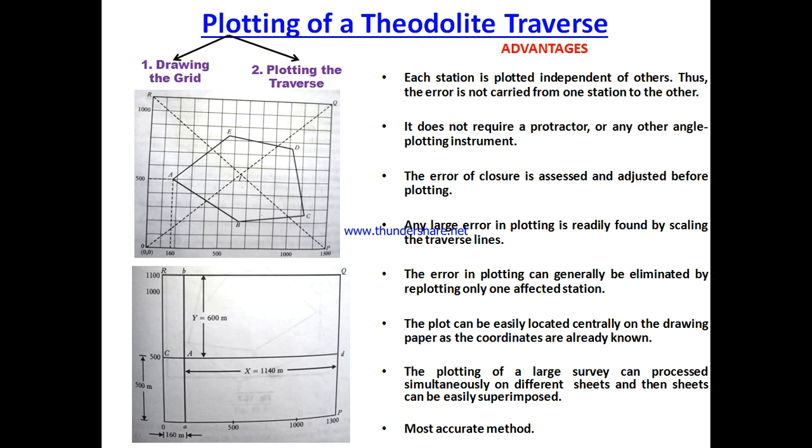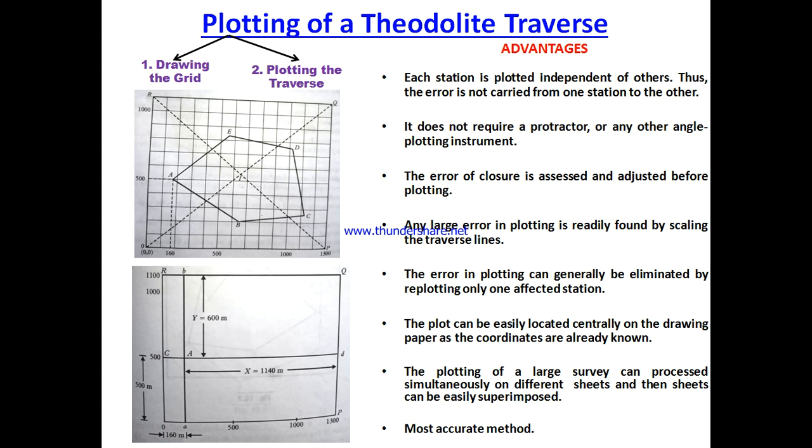Then we measure the length between each station and compare it with the already measured distances of the traverse lines. If all the checks are satisfied, meaning whatever we have calculated on the piece of paper matches the values we got with the help of chain and tape in the field, then we can say our traverse is perfectly okay.